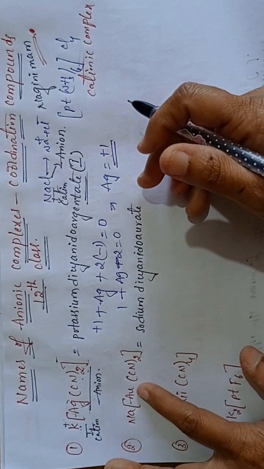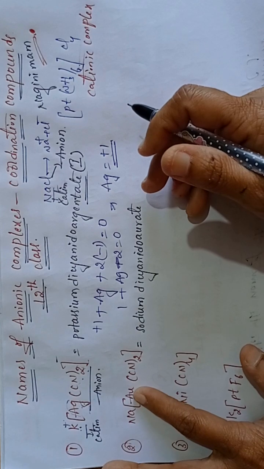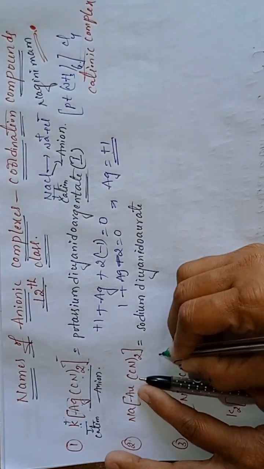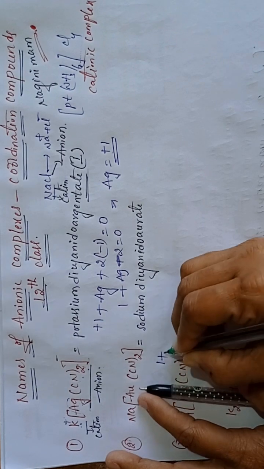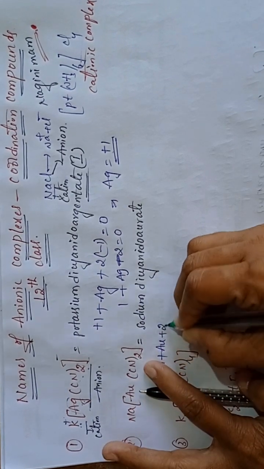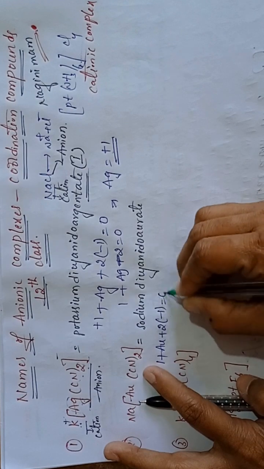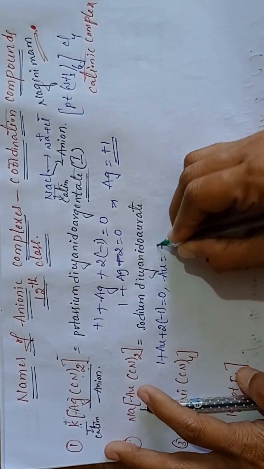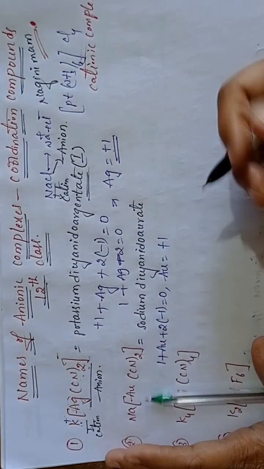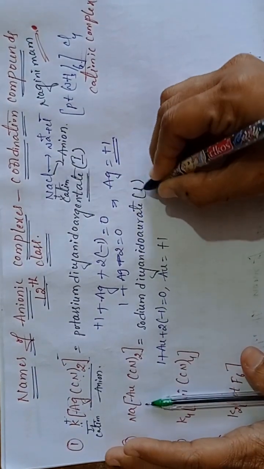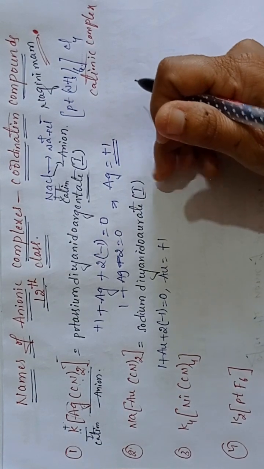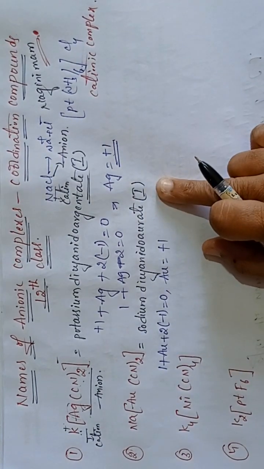Next, what is the oxidation number of the gold, students? How to find it? Sodium plus 1, gold plus x, two cyanides minus 2, total 0. That means the oxidation number of Au is plus 1. So write it in the parentheses, indicated by a Roman numeral. Clear? So like this you have to write, students.